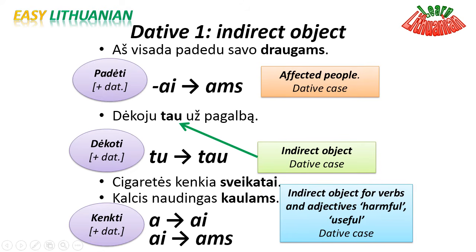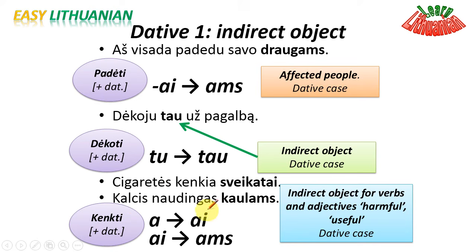So for such adjectives like harmful, kenksmingas, for example, if it was an adjective, this is a verb, kenkia, and if it was an adjective, you still would have to use dative case. Kenksmingas sveikatai, harmful for health, literally. So with these adjectives, harmful or useful, you have to use the dative case.